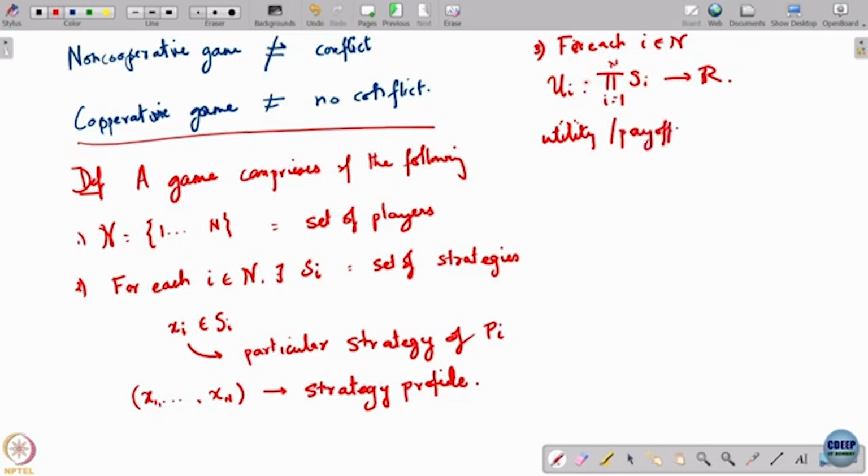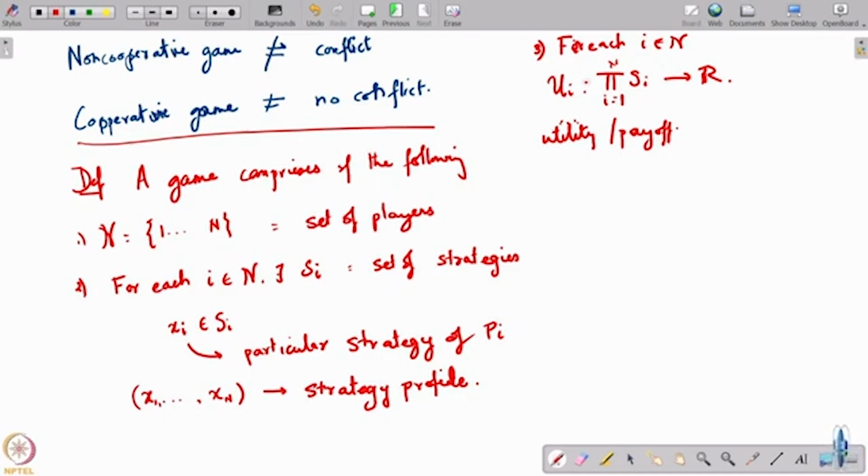And now ui here, when I use the word utility or payoff, it connotes that it is something that the player gains from. So, this is something that the player is looking to maximize. Okay. Alternatively, you can always flip the sign of this u and turn it into a cost, or a loss, that he is trying to minimize.